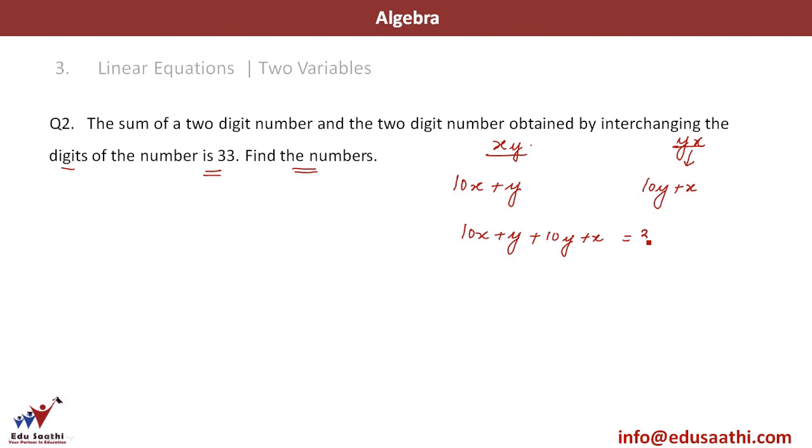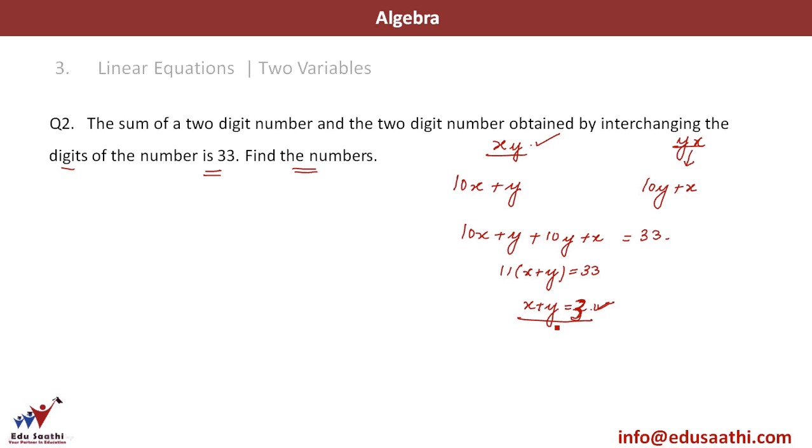This is what? 33. So this will be 11x plus 11y, 33. So that means x plus y would be equal to 3. If the sum of the digits is 3, the number would satisfy this criteria.